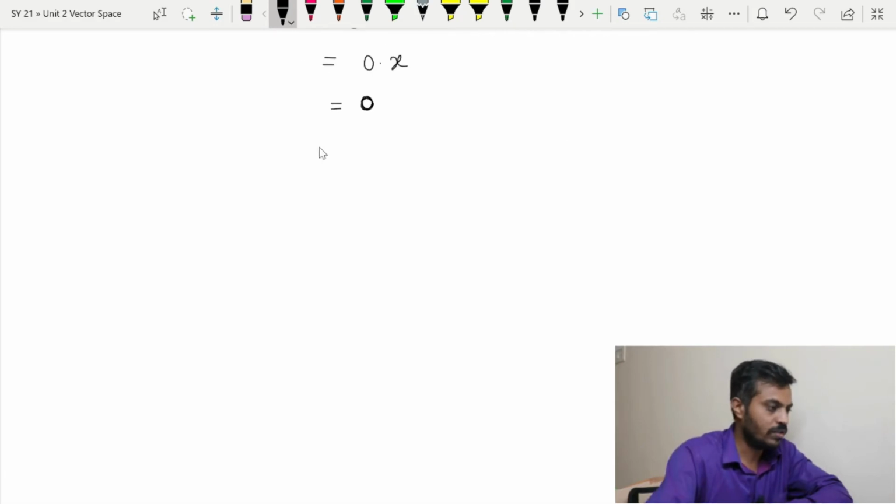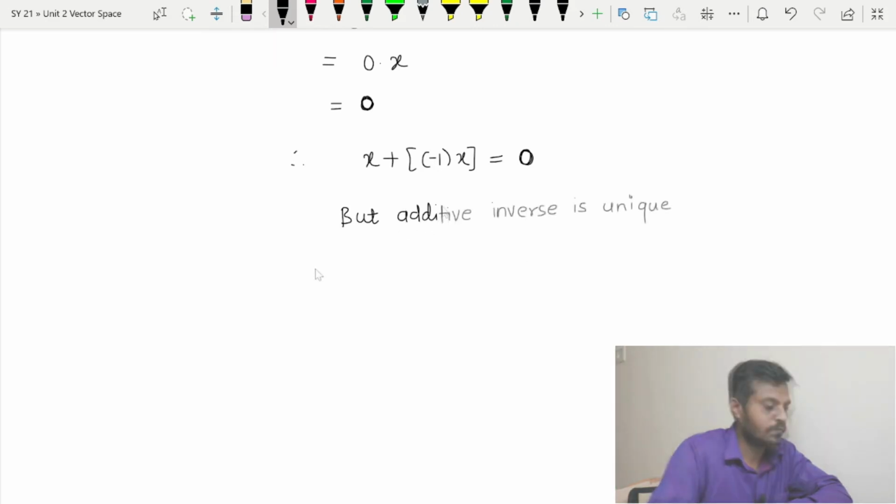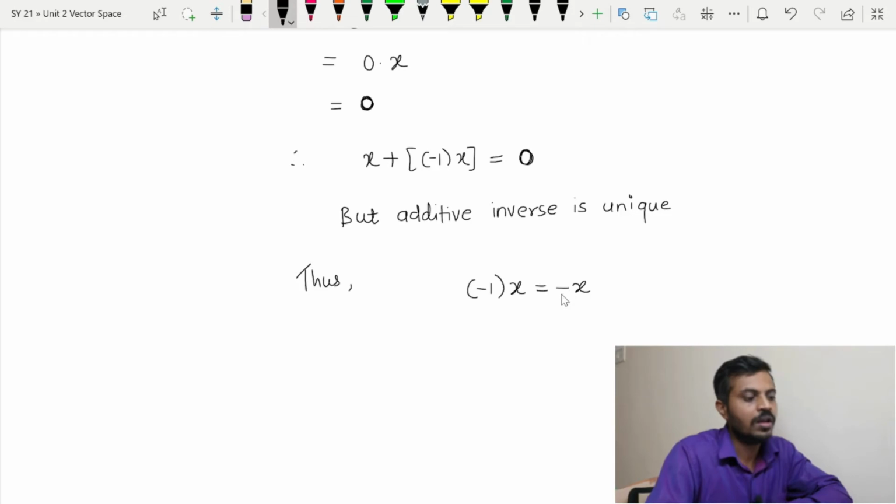So what we have proved? Therefore, x plus minus 1 multiplied by x is 0 vector. But additive inverse is unique. Thus you can say that minus 1 multiplied by x should be equal to minus x. And that is exactly what we wanted to prove.